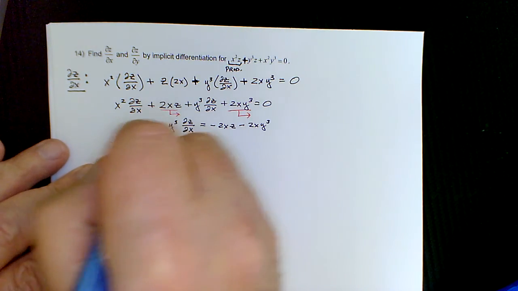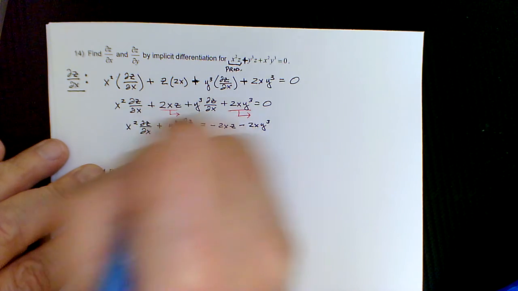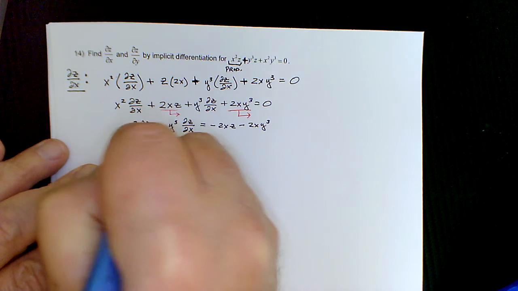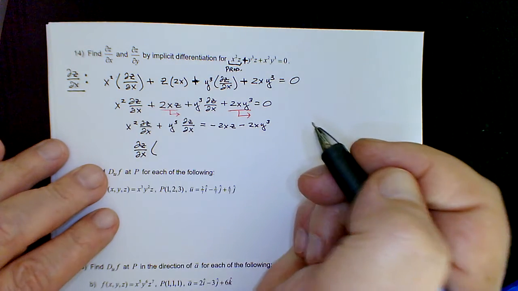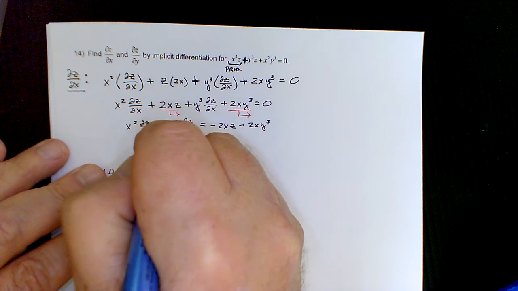And the purpose of bringing everything that contains the partial of z with respect to x to one side and everything else to the other, so we can factor out the partial of z with respect to x.